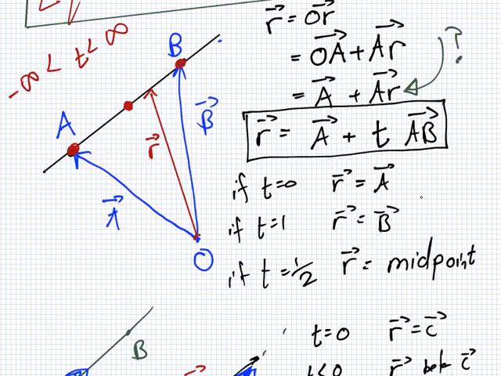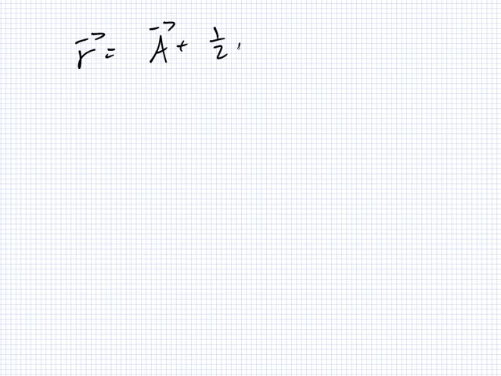Do you remember earlier we were talking about the midpoint here, when T is a half? Just so you can see an obvious result, if T is a half, then you have a half A plus a half AB. Okay, that's A, and then what's a half AB?